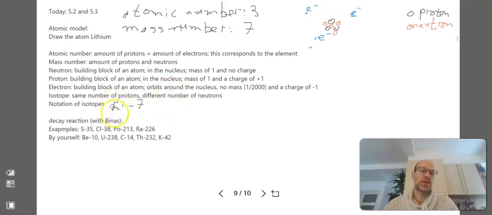As we know, lithium has an atomic number of 3, no matter which isotope of lithium, so we can simply use that. With this notation, the mass number is on top, the atomic number is on the bottom, and then we have the element: 7, 3, lithium.